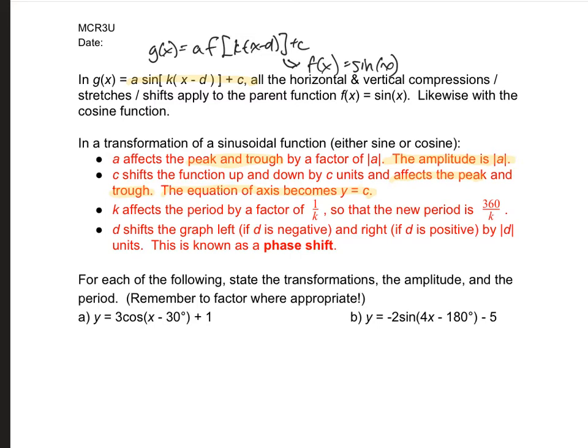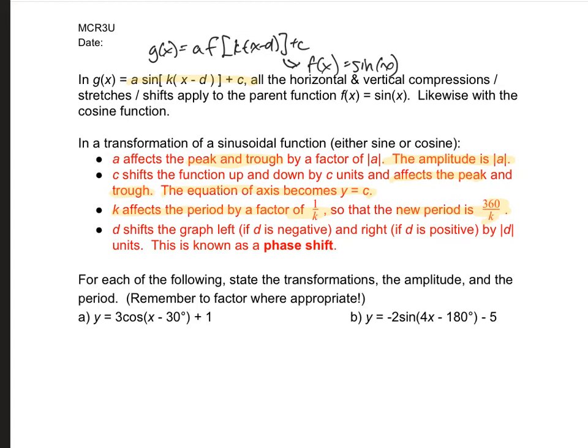As I just highlighted before, we know that k, because we're stretching and compressing, is actually going to change our period. The actual relation is that since k affects the period by a factor of 1 over k, the new period is actually 360 divided by k. So that's how we determine the new period.